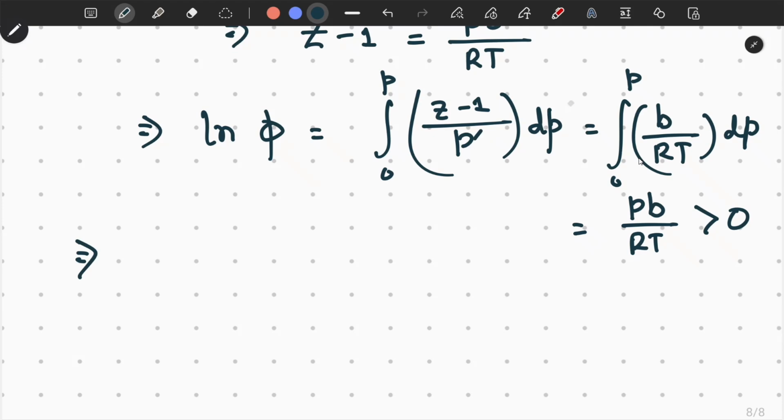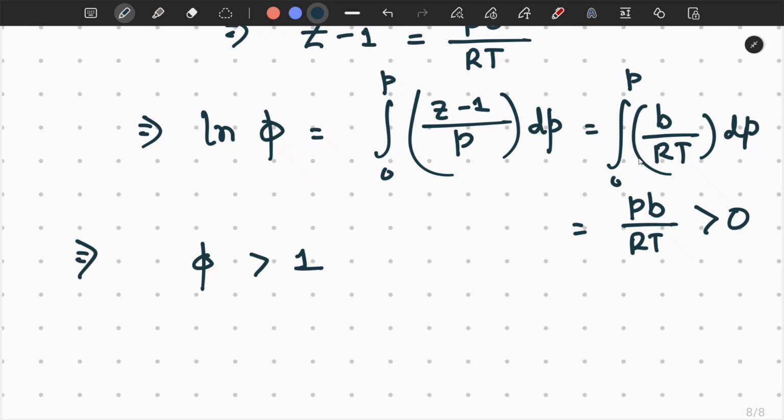We should use a dummy variable because P is a variable and P is also a particular pressure, that is confusing, right? But it is understandable. So phi is greater than 1. So this is our high pressure case.